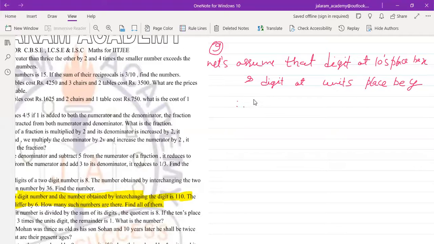So the original number equals 10x plus y.